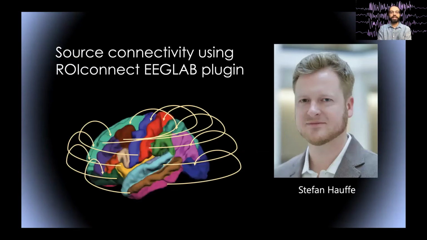Another one that's a new one that's also source connectivity. So it's very similar to SIFT. SIFT was using ICA components for performing the connectivity. This one uses regions of interest, which are isolated based on fMRI atlas.